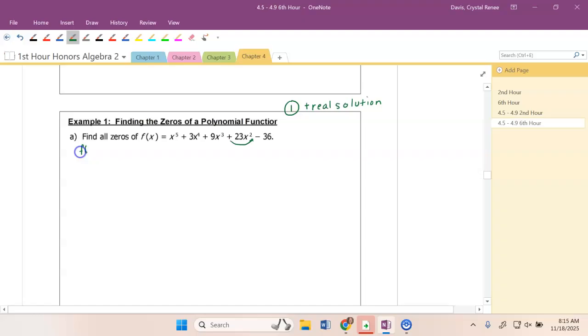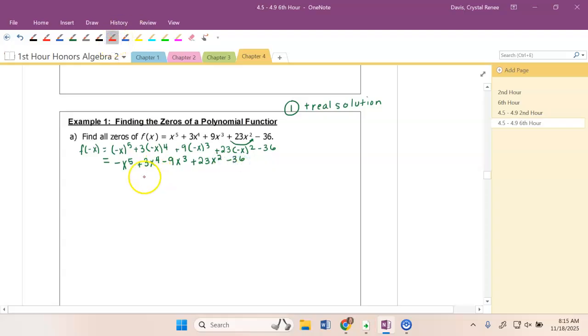Now if I find f of negative x, that would be negative x to the fifth plus 3 times negative x to the fourth plus 9 times negative x cubed plus 23 times negative x squared minus 36, which then is negative x to the fifth plus 3x to the fourth minus 9x cubed plus 23x squared minus 36.